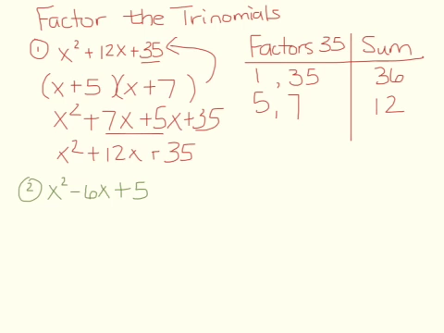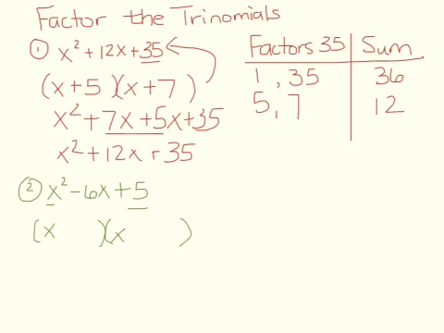I've got x squared minus 6x plus 5. Now remember, I want factors of x squared and factors of 5 to be in my factored form. And the x squared is easy to get the factors of. It's just x times x. But 5, there's only one set of factors. That's 1 times 5. But I need the 1 times 5 to add together to be negative 6.